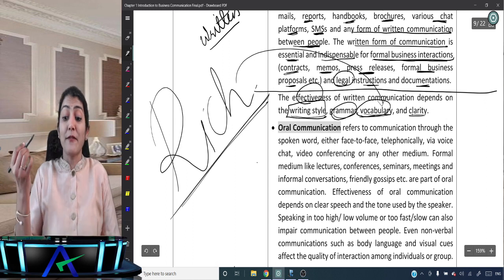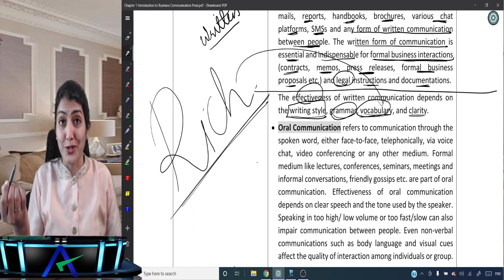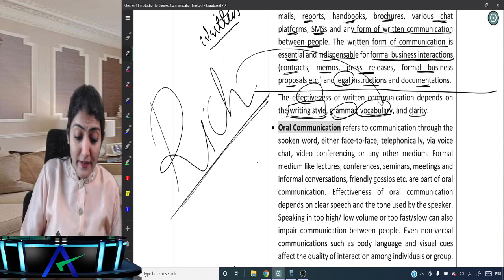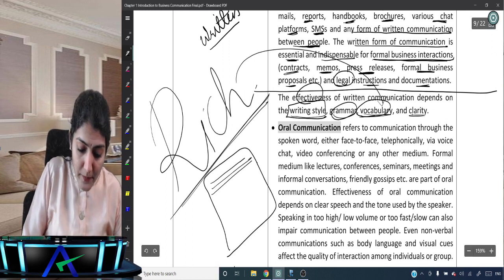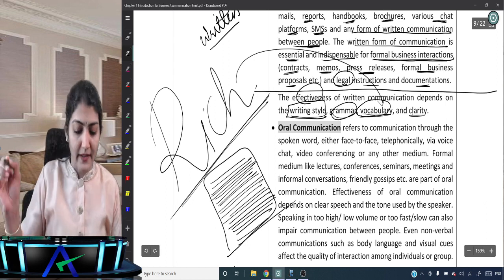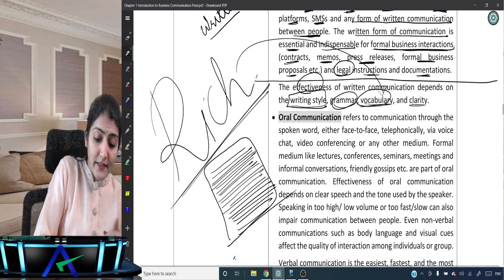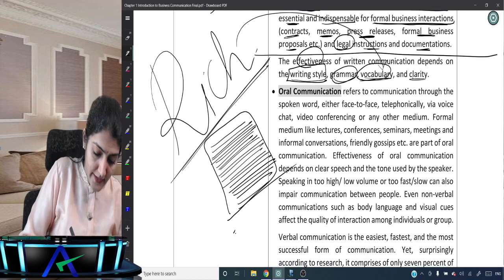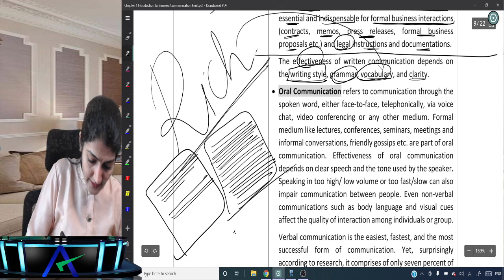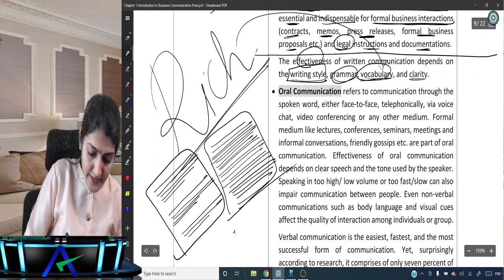So the effectiveness of written communication depends on the writing style, how you write. Say I want to write something and I write it line after line. Or the same thing I write a line, I leave a line, I write, I leave a line.